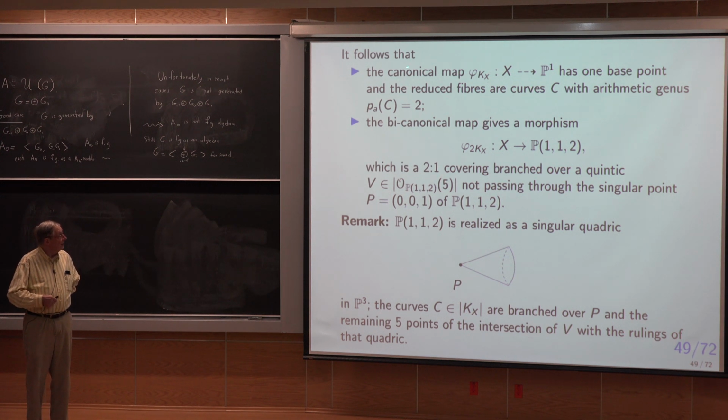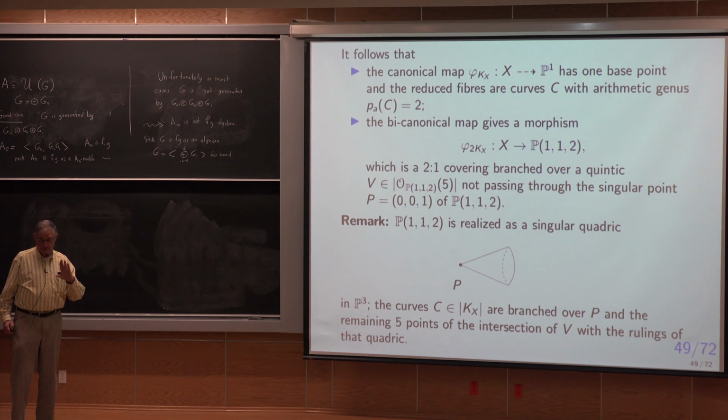So the canonical map is a rational map to P1, with a pencil of genus 2 curves. As I said, the I-surfaces look in many ways like curves of genus 2. The canonical series is a pencil of genus 2 curves. The bicanonical map gives a 2-to-1 covering over weighted projective space.